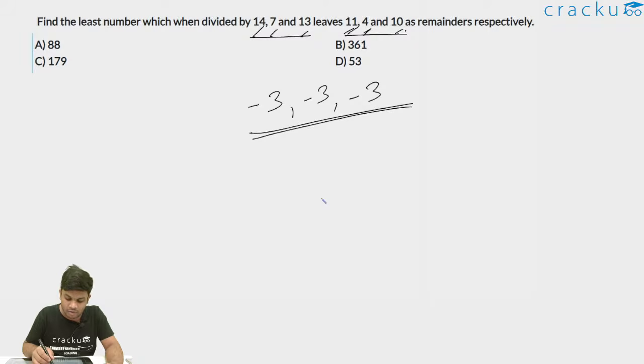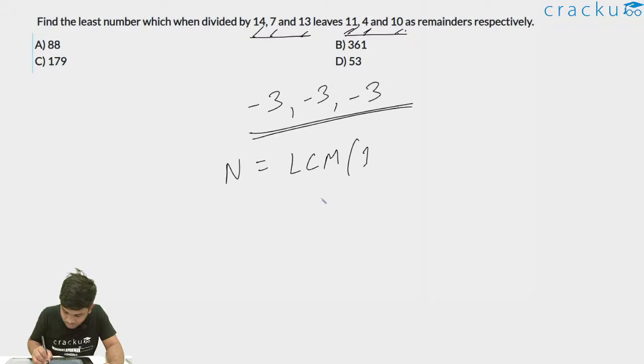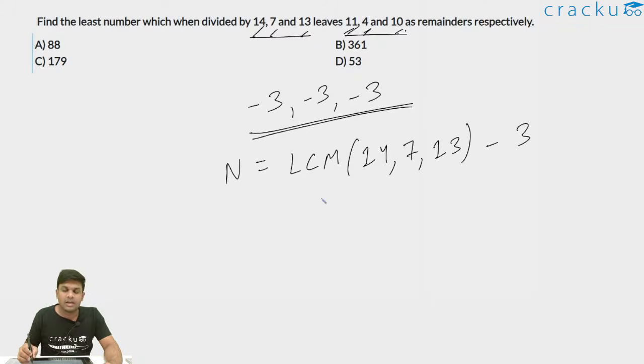So this case is similar to the previous question, where let's say the number is n. So it will be the LCM of 14, 7 and 13, minus 3. Instead of plus 3, we will do minus 3 because the remainder is minus 3.